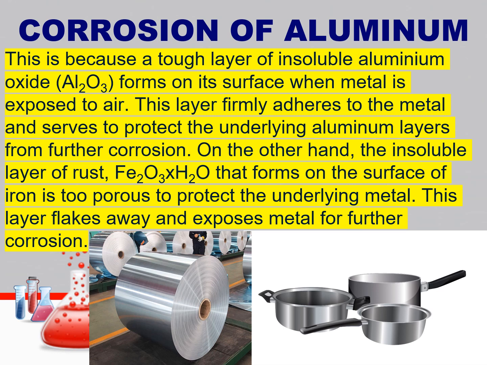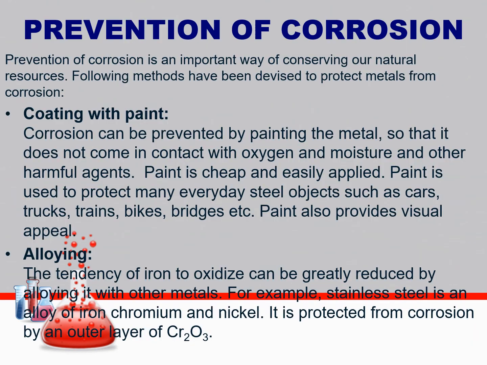I mean, aluminum oxide layer is non-porous. On the other hand, insoluble layer of rust Fe2O3.xH2O that forms on the surface of iron is too porous to protect the underlying metal. This layer flakes away and exposes metal for further corrosion.